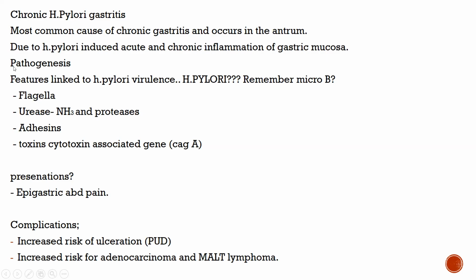So the pathogenesis here is, what are the things that H. pylori uses when it wants to conquer a certain part of the body?